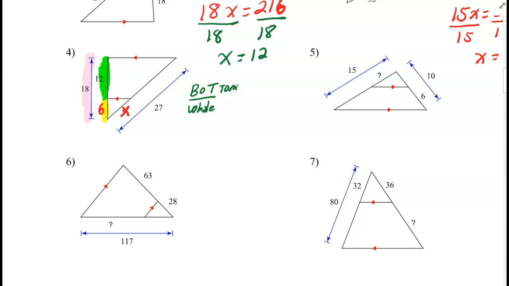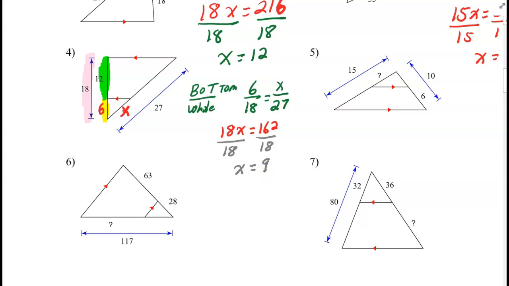So if I think about that, the bottom part is 6, so I can say 6 over 18. The bottom part to the whole thing is equal to the bottom part over the whole, which is 27. And when I cross multiply, I get 18x is equal to 162. Divide by 18, and x is equal to 9.